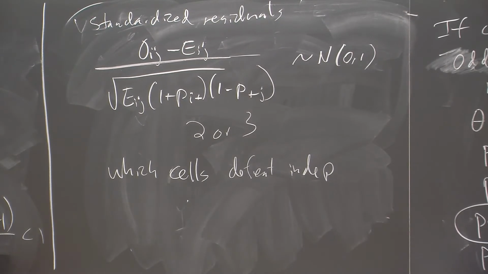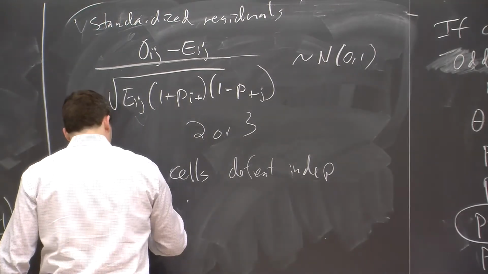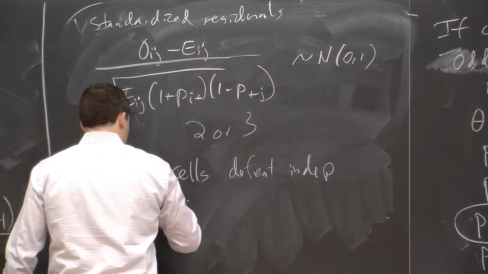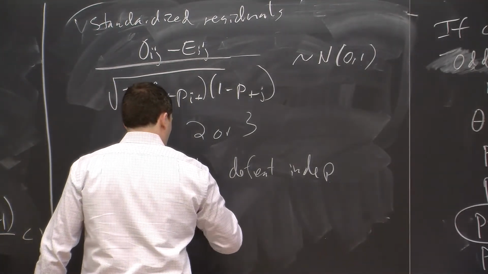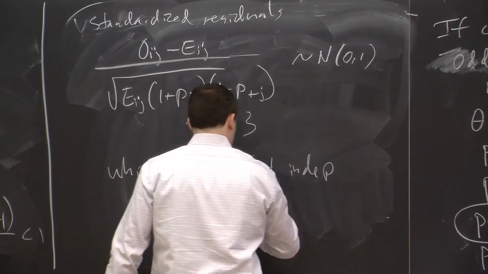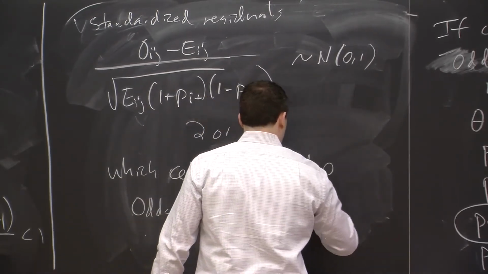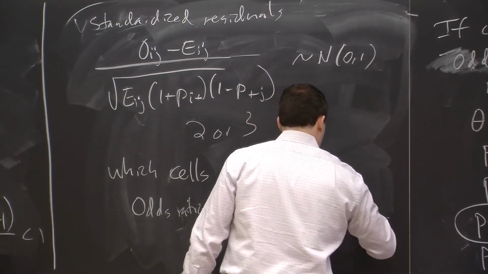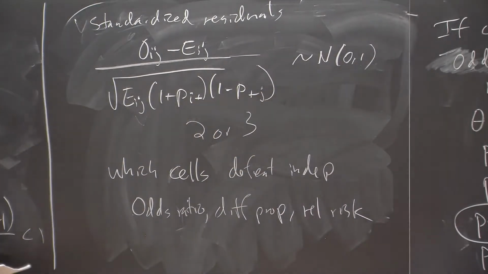Okay, but let's move on to think about how to deal with other measures like odds ratio, difference in proportions, and relative risk for these bigger tables.